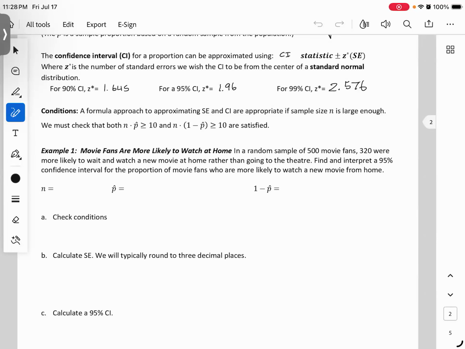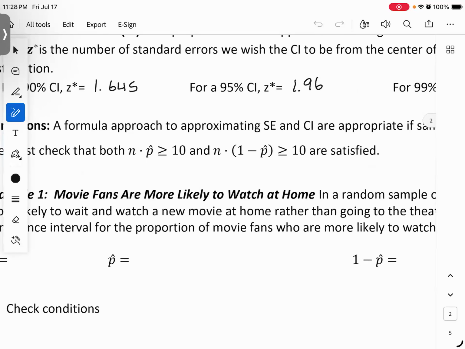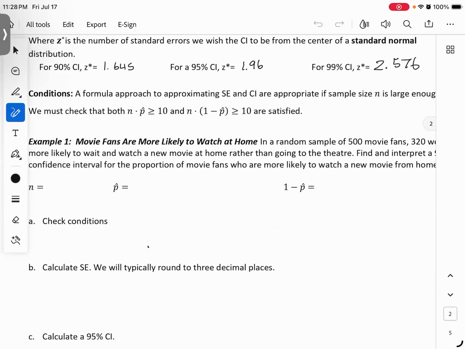Now, as I mentioned, there's going to be a requirement that says, if you're going to be using the normal distribution, which has a shape something like that, you want to make sure that your sample sizes are large enough so that if you were to bootstrap it, the shape of it would be close to the normal distribution, not maybe something like that where they don't match up.